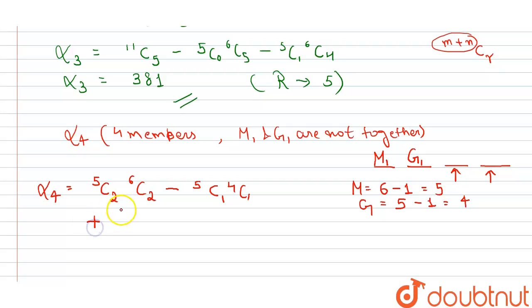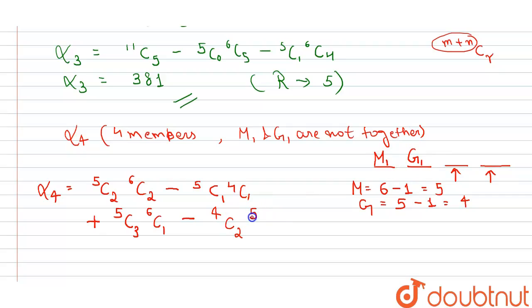Now plus, when we take 3 girls and 1 boy: 5C3 and 6C1, minus. Here we have 3 girls and 1 boy, so we have to select the remaining one. If we have taken 3 girls, then the remaining will be 2 girls, so 4C2, because we don't have to include G1, because G1 and M1 should not be together.